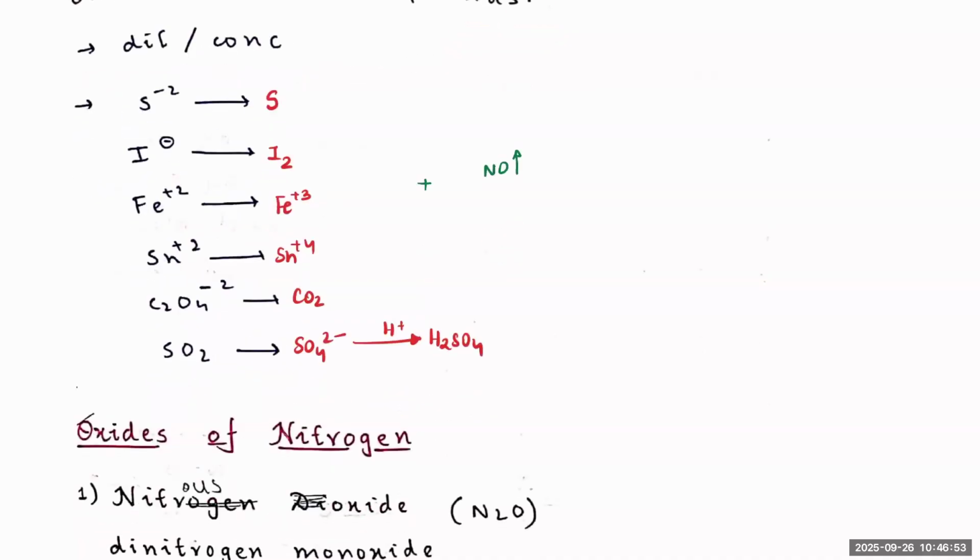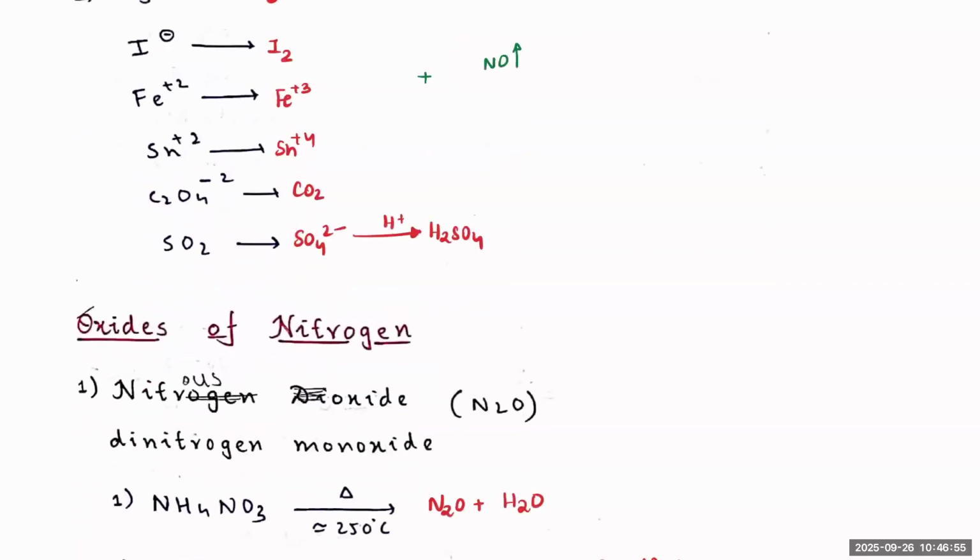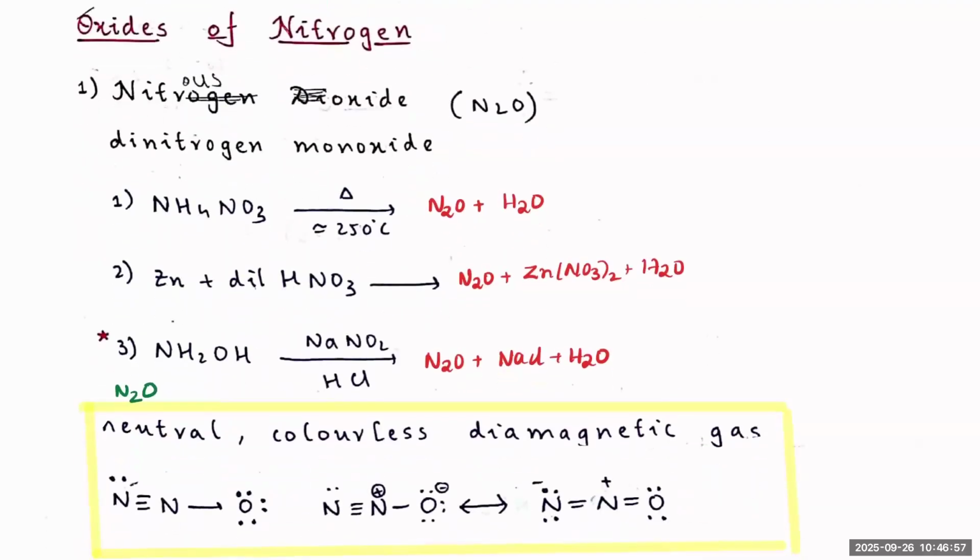Now, what are the oxides of nitrogen? See, nitrous oxide, N2O, which we call dinitrogen monoxide or simply nitrous oxide. Ammonium nitrate, if you heat it, I told you that it is supposed to give N2, but there is an extra oxygen because of which it will be obtained as N2O.